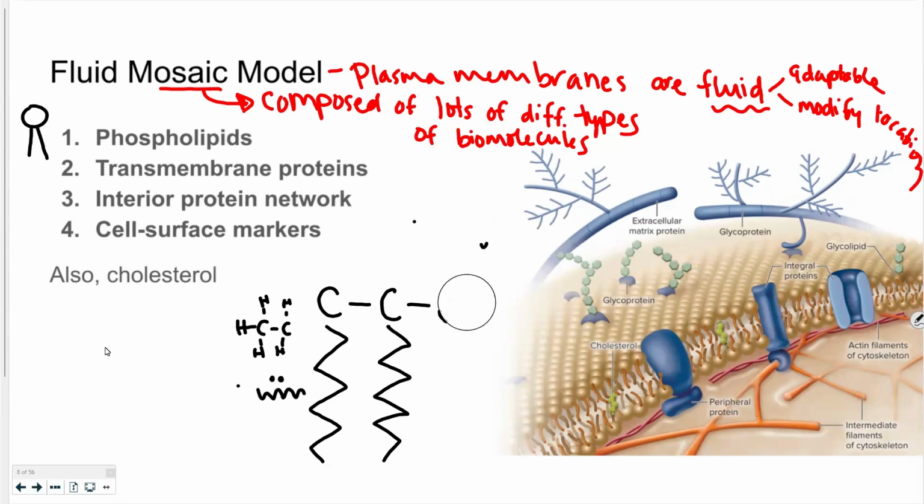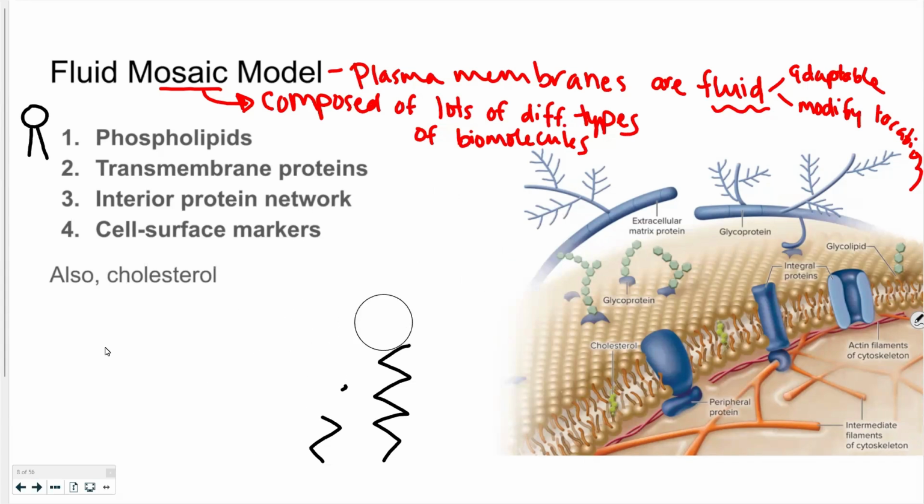Okay, that was a good little review. So in our plasma membrane, kind of the foundation are all these little phospholipids.